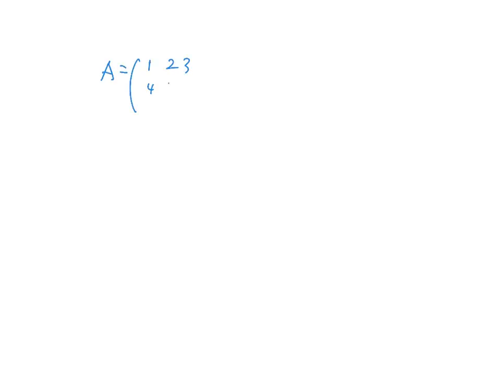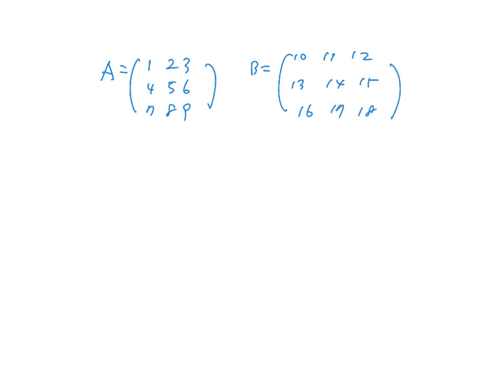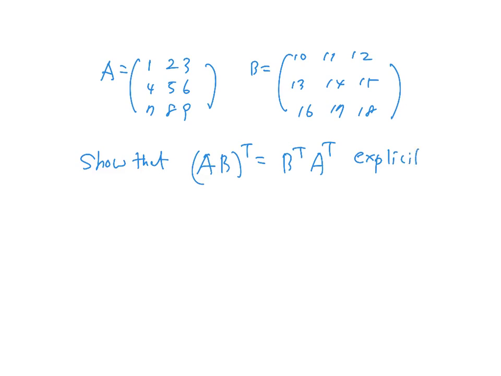Problems 1 to 9, 10 to 18. To show that (AB) transpose equals B transpose A transpose explicitly, by multiplying the above matrices and their transposes.